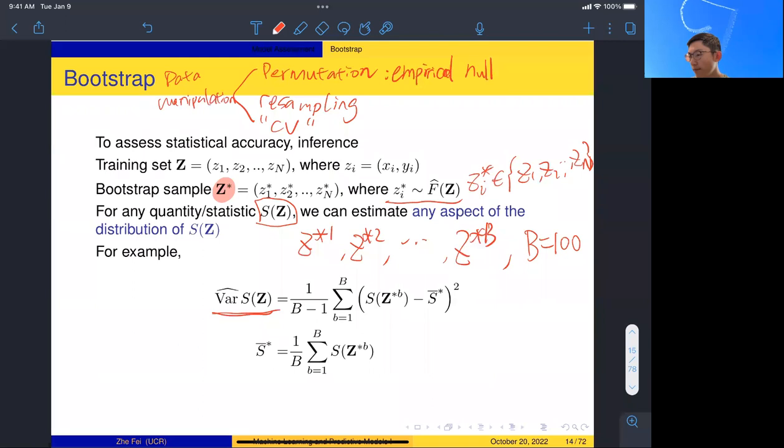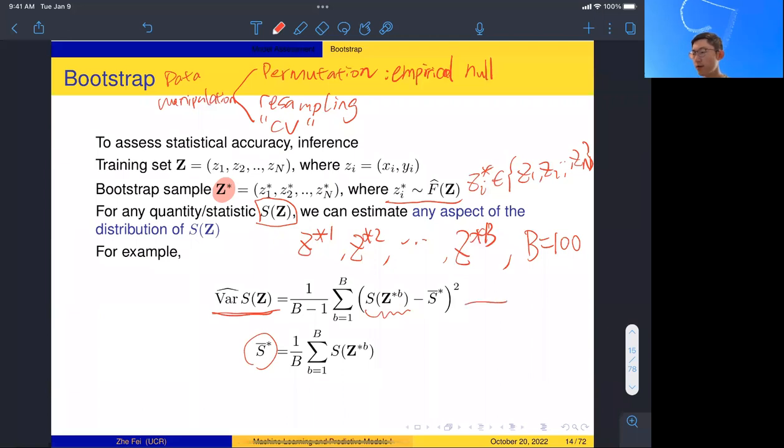And that is exactly what we do here, as suggested in the formula. We perform this S statistic on each of the bootstrap samples, and this S star bar is simply the bootstrap mean, the mean of all of these capital B bootstrap samples.